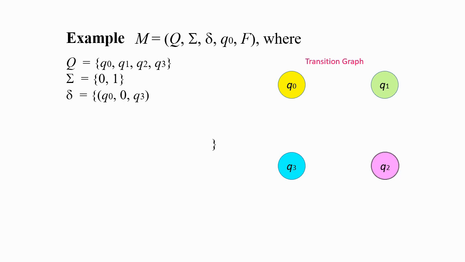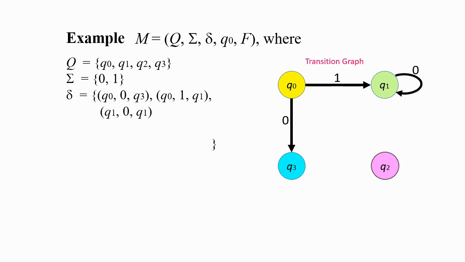Now here we have Q0 with 0, Q3. So that is in a transition graph from Q0 with label 0 to Q3. Q0 with 1 to Q1, that's an edge. Q1 with 0 to Q1.